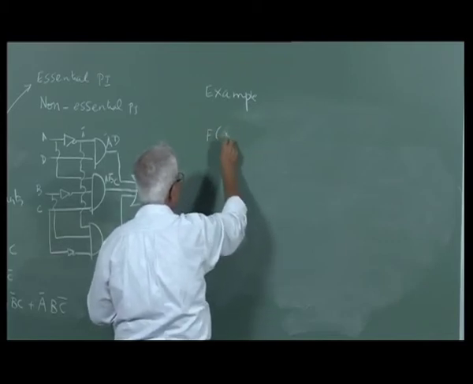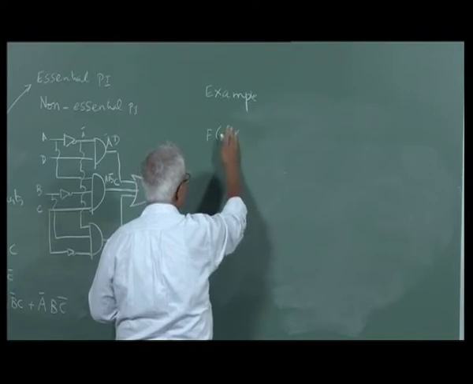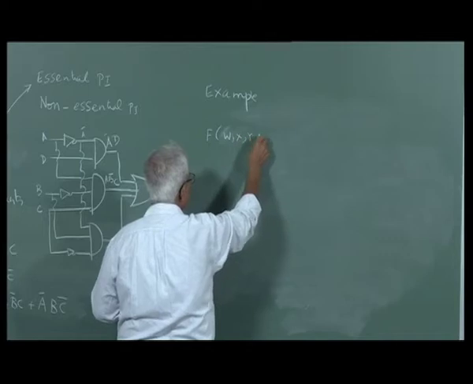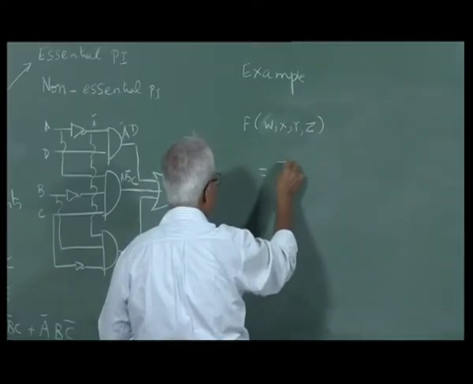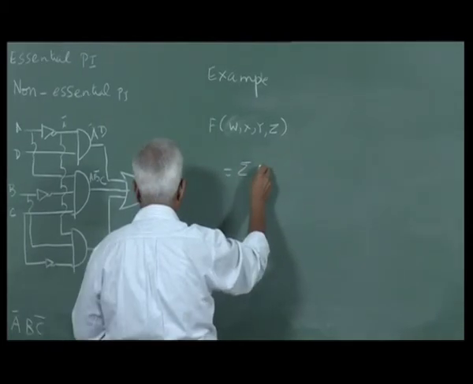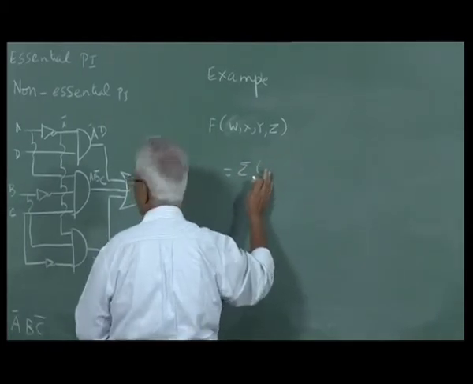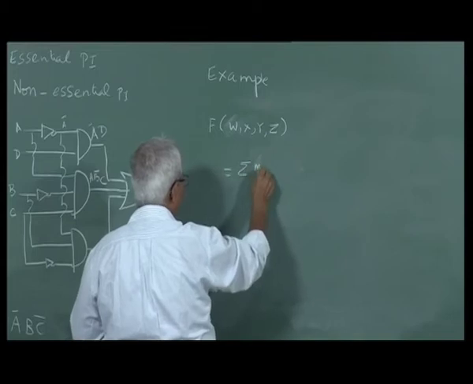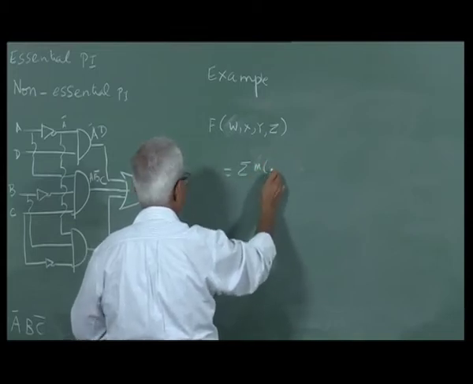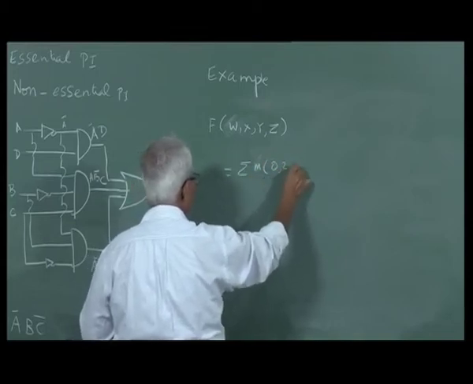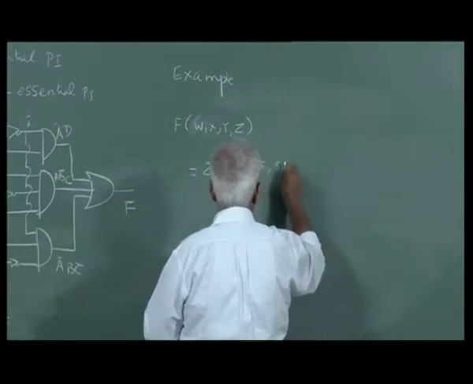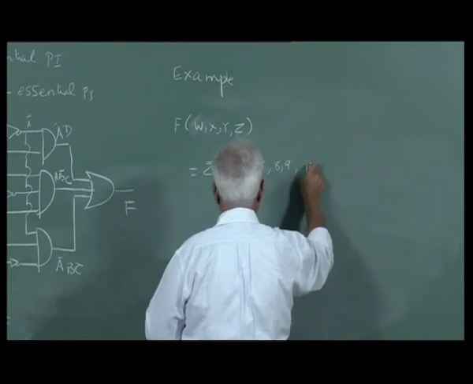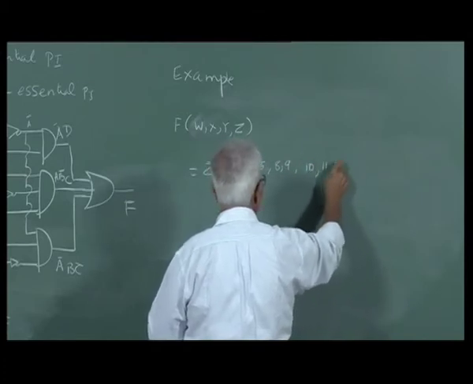You can also say W, X, Y, Z. F is sigma M in terms of 0, 2, 5, 8, 9, 10, 11.